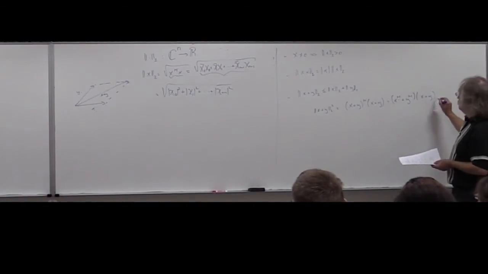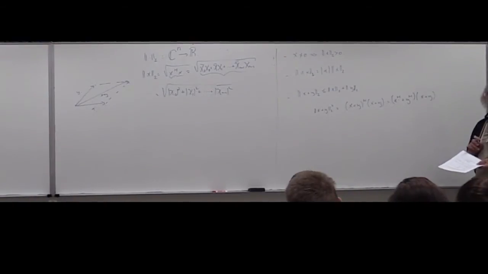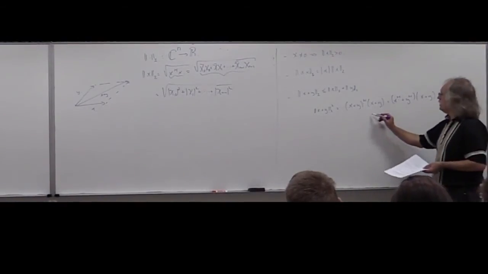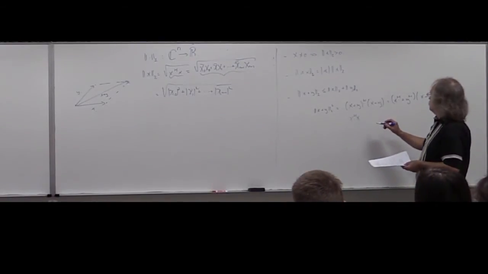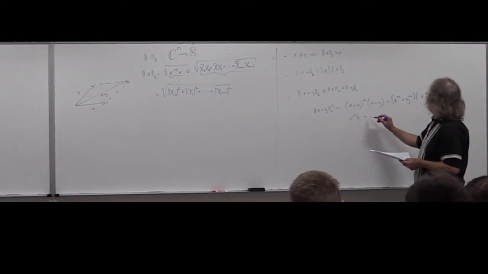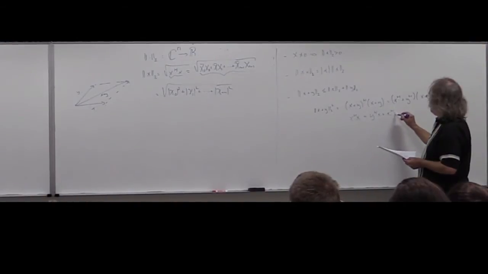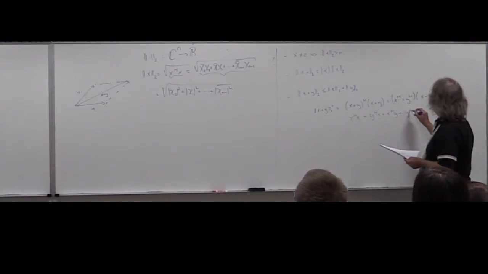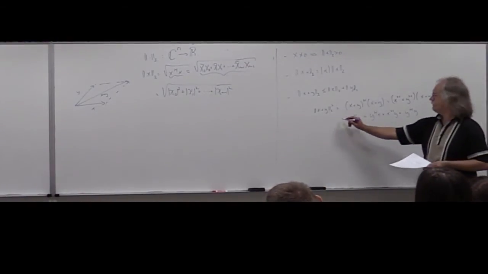I think that was in the notes for the last lecture. And then if you just multiply everything out, you get x Hermitian x plus y Hermitian x plus x Hermitian y plus y Hermitian y. So far, so good.